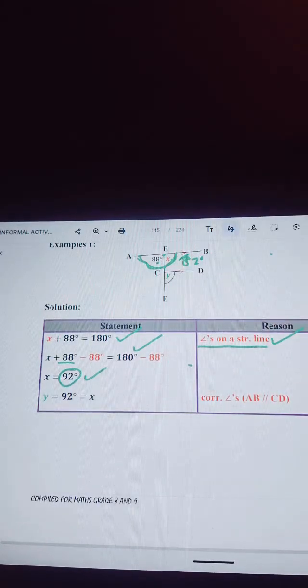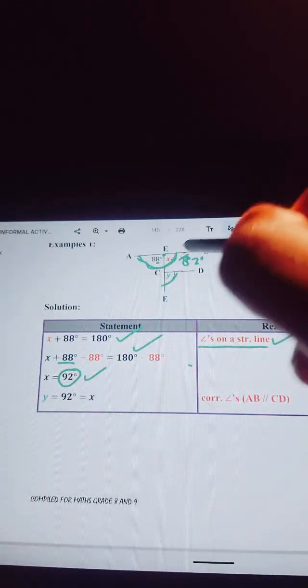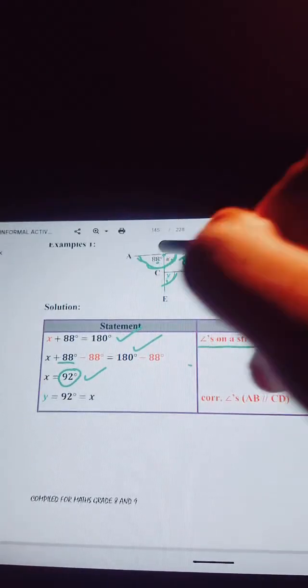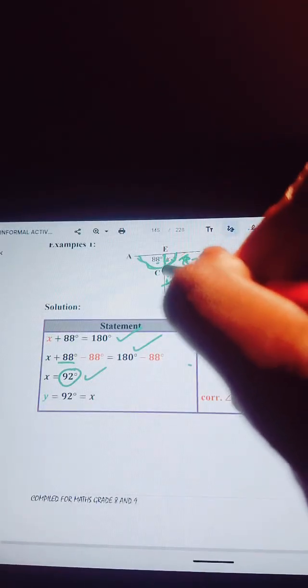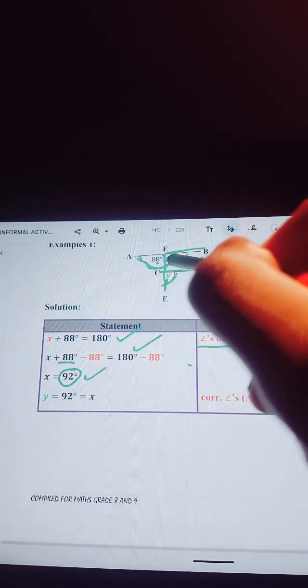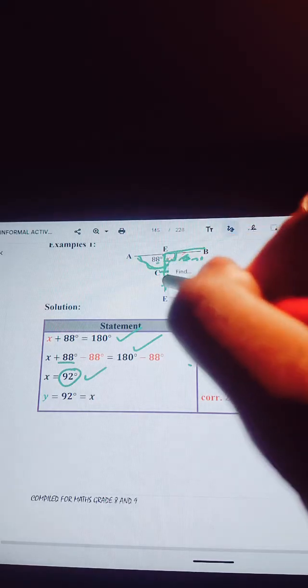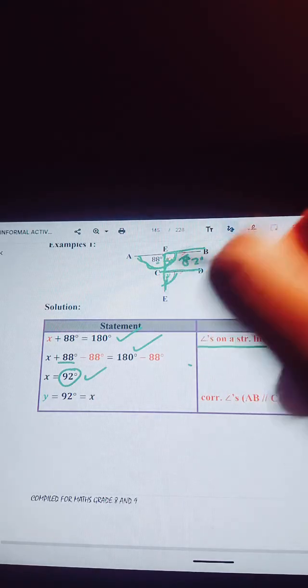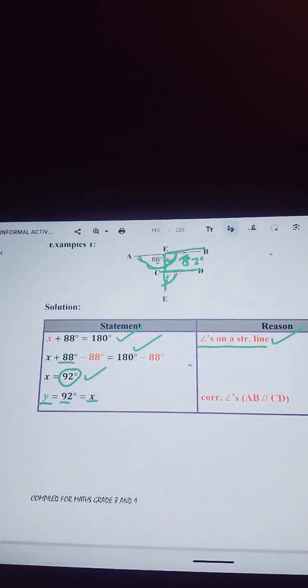We write that down, we update our diagram. Then the next thing now is to find the value of y. If we look at y and 88 degrees, that's bottom, the F shape, the parallel lines. Bottom of that line, same position, bottom of that line, same position. The y value is equal to 92, which is equal to the x value.